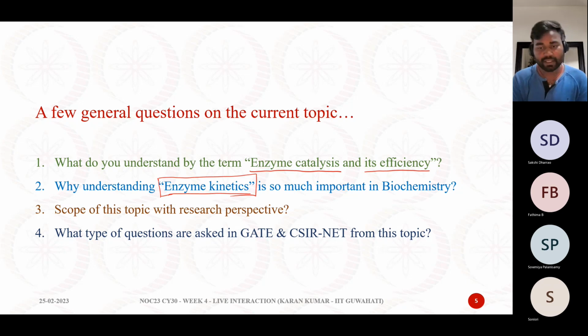Okay. So enzyme catalysis, if you dissociate the term, the first one is enzyme, another is catalysis. Why catalysis? Catalysis is important because when a particular reaction, let us say there is a lipase, there is an esterification reaction. What is esterification reaction?